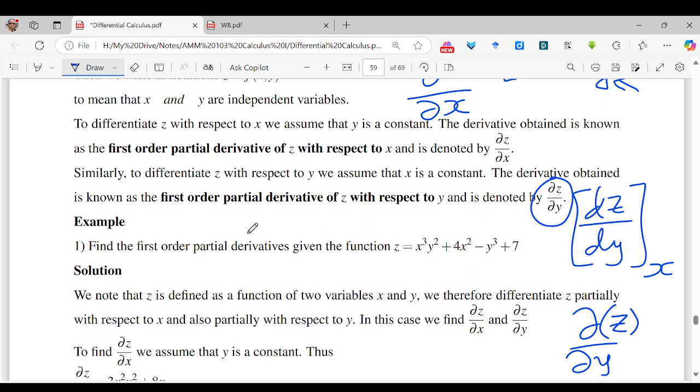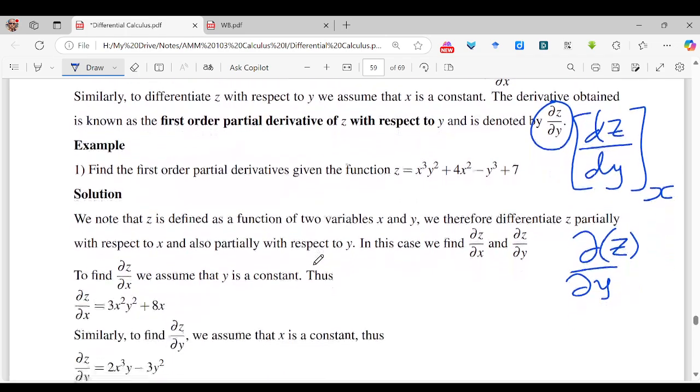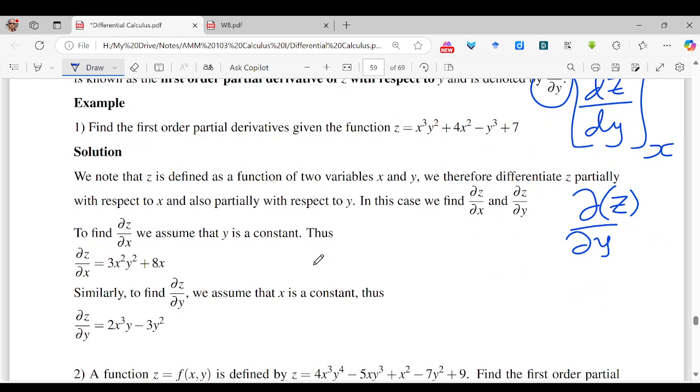Let's do an example. We want to find the first order partial derivative given the function here. So we note that in this case, z is defined as a function of two variables which are x and y, and therefore we differentiate z partially with respect to x, and also we can differentiate z partially with respect to y.